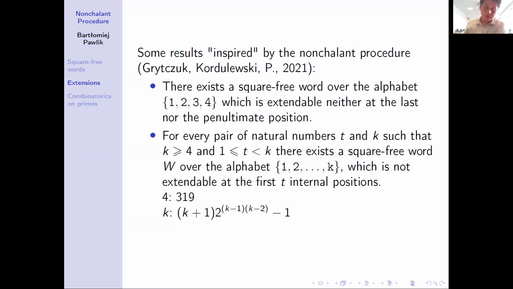So the word is long, but I do think that this is the shortest word with such a property. Well, if someone finds a shorter word on the alphabet with 4 symbols that is not extendable at the first 3 internal positions, then the dinner is on me.